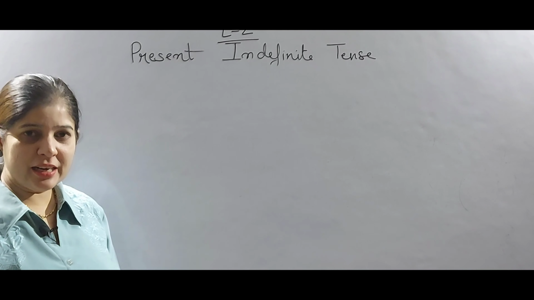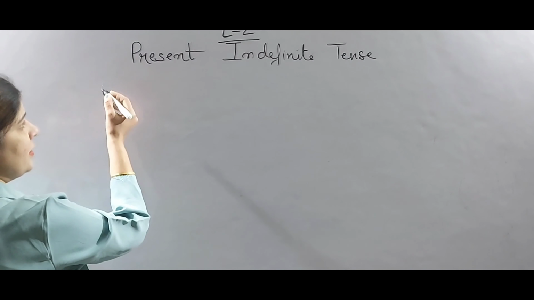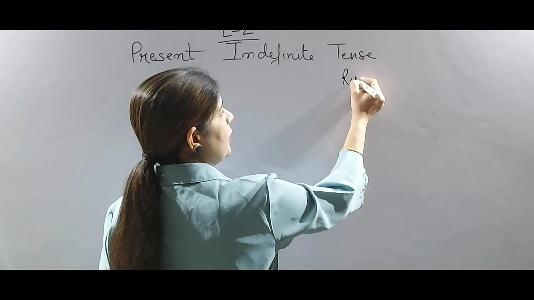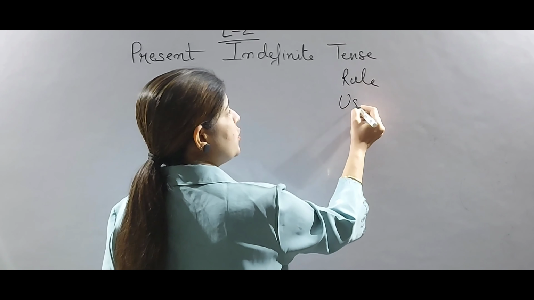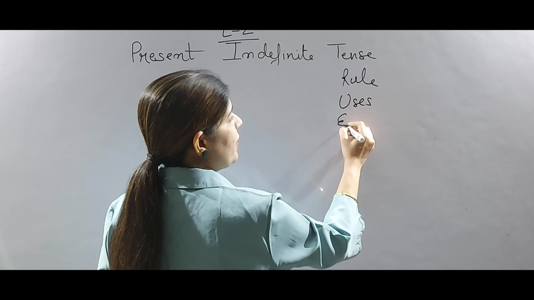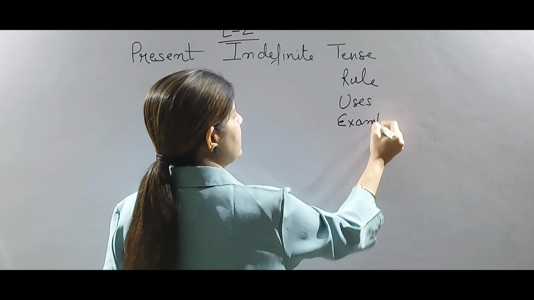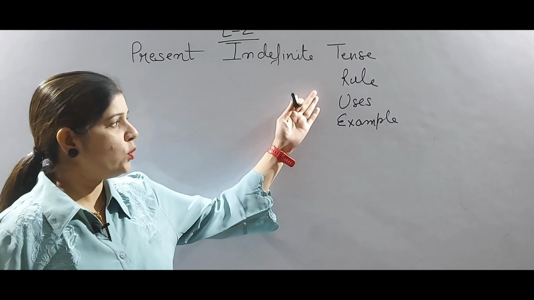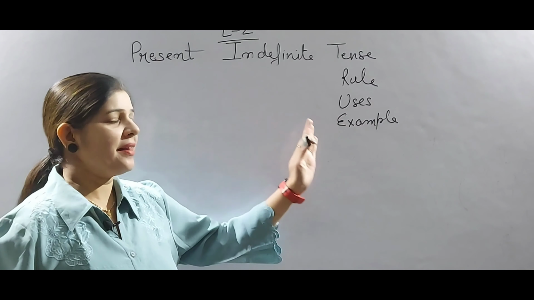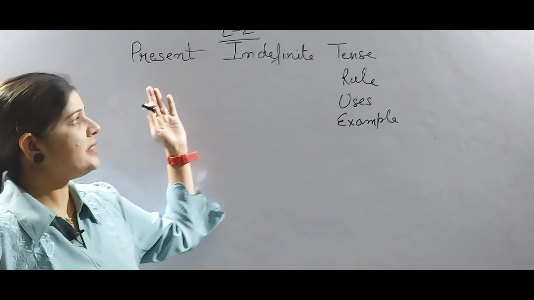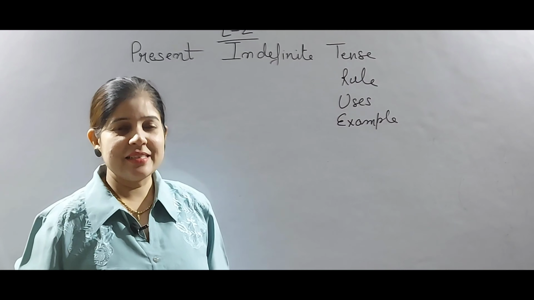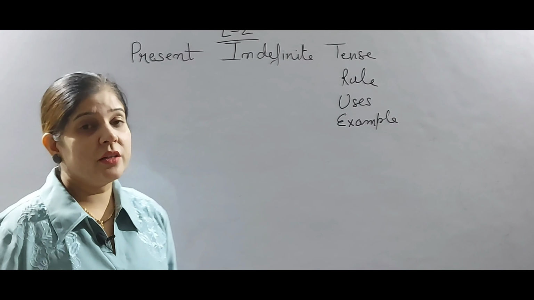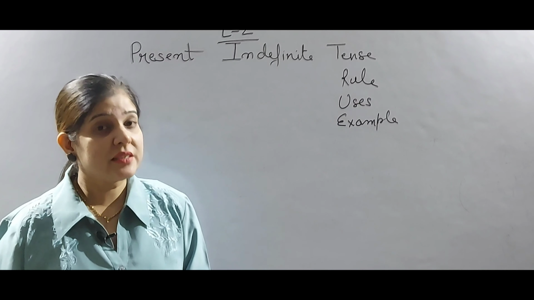So today we will learn the rule, the uses, and we will do some examples of this tense. Right, students? First of all, let me give you the rule of this tense.